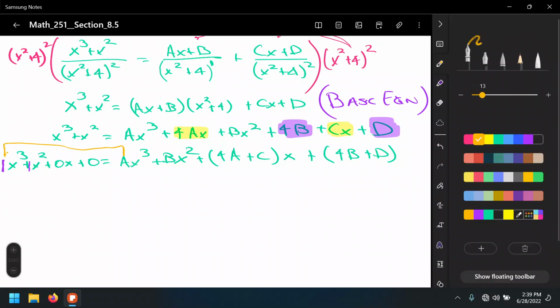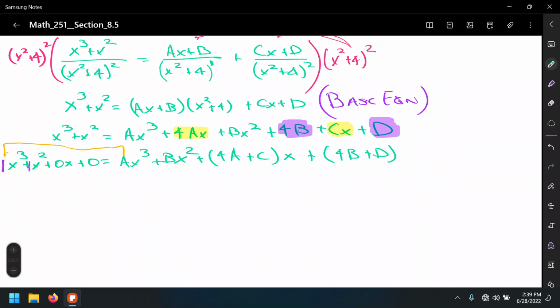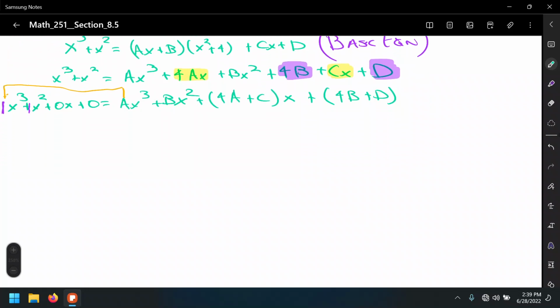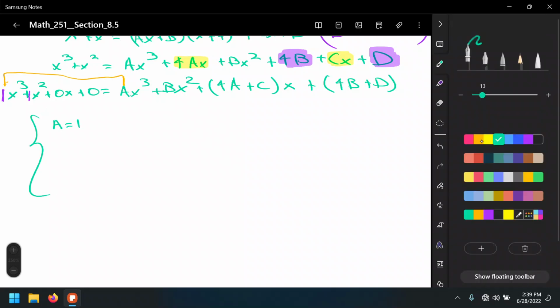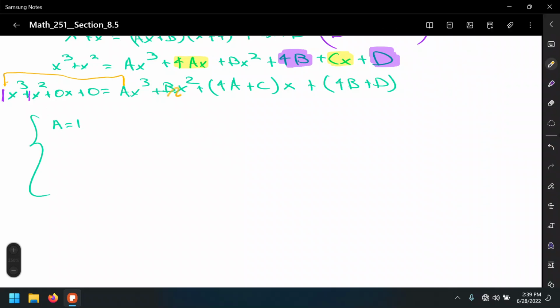Let's write down a system of equations actually. Yes, I know that when I say let's write a system of equations for unknowns, it sounds scary, but you'll see. a equals 1. From the second equating of coefficients, what is b equal to? Also 1.